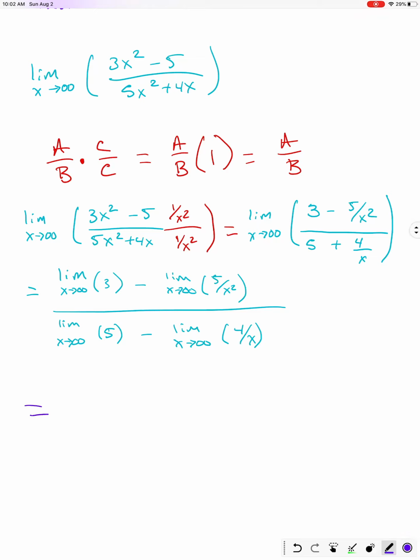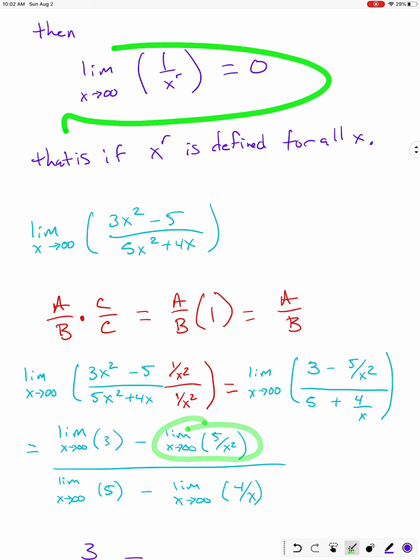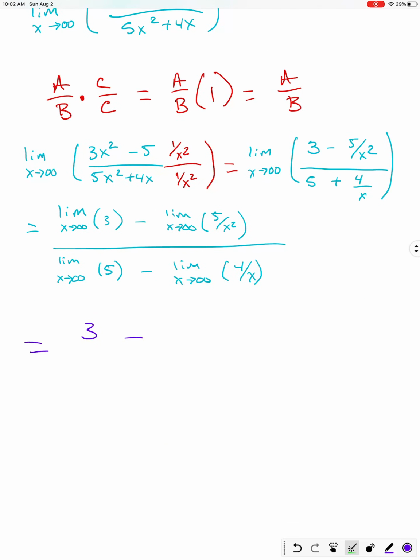And then by definition, that is equal to 3 minus 0, divided by 5 plus 0, since the limit of 3 is just 3, the limit of 5 is just 5, and those other parts are 0 by that rule.